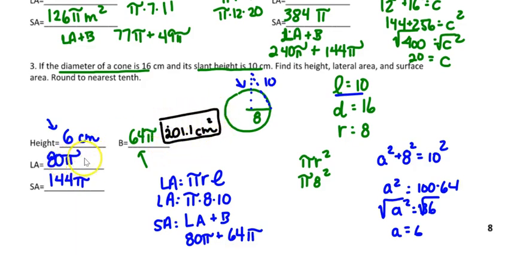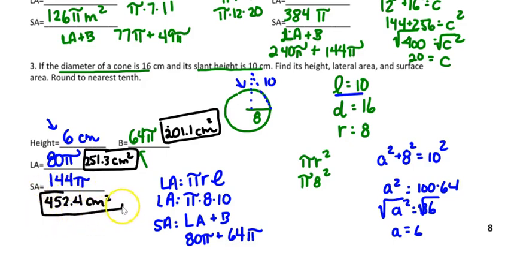The lateral area winds up being 251.3 centimeters squared if you multiply 80 times pi. And we're rounding to the nearest tenth. 144 times pi is 452.4 centimeters squared.